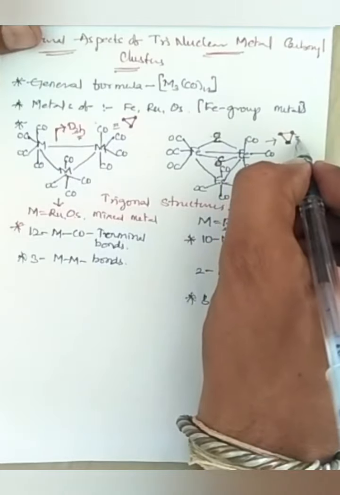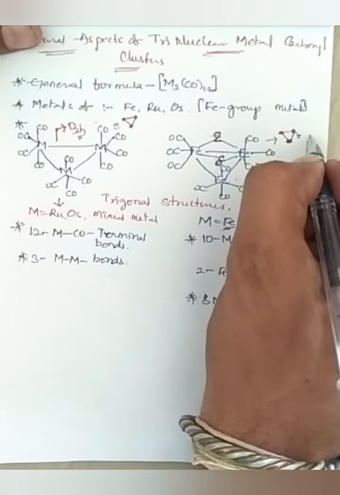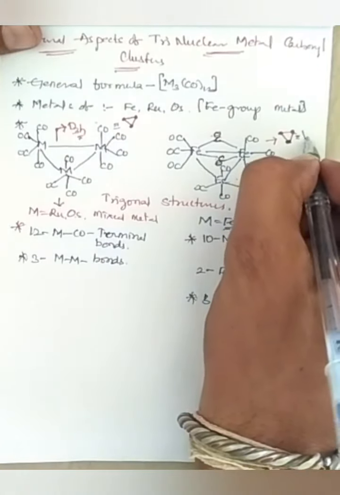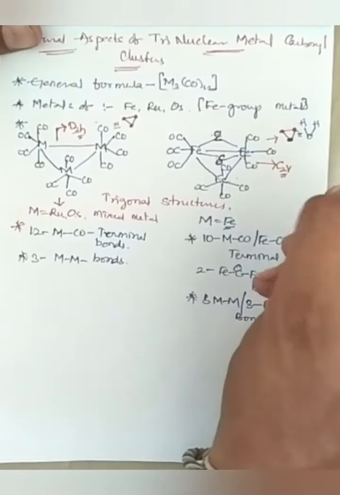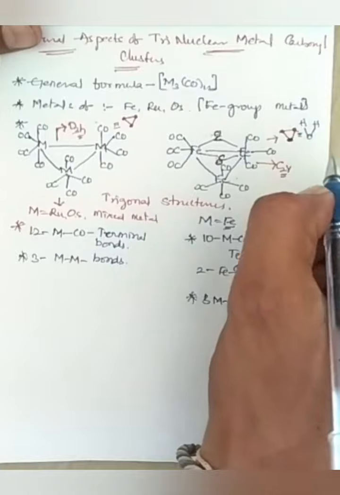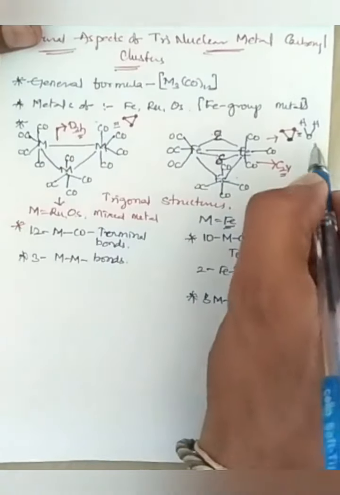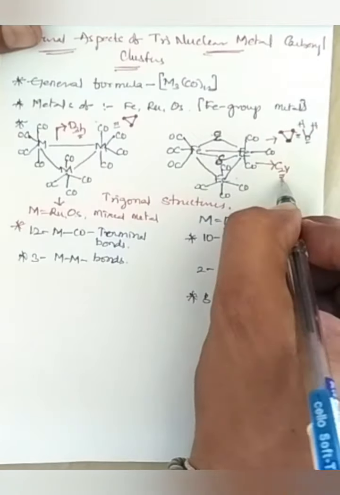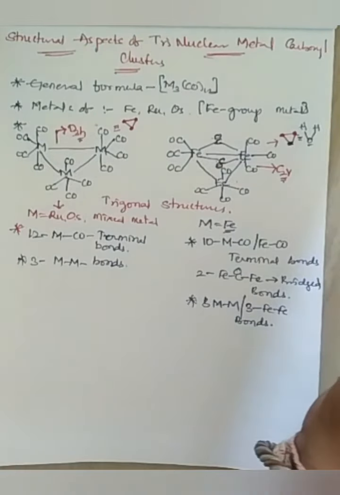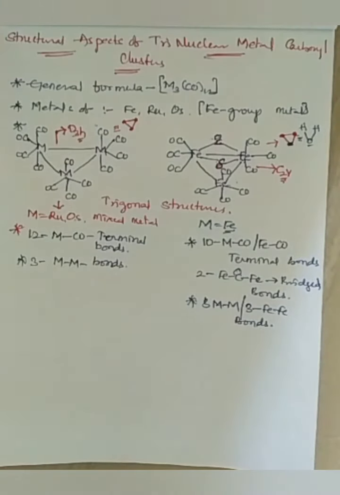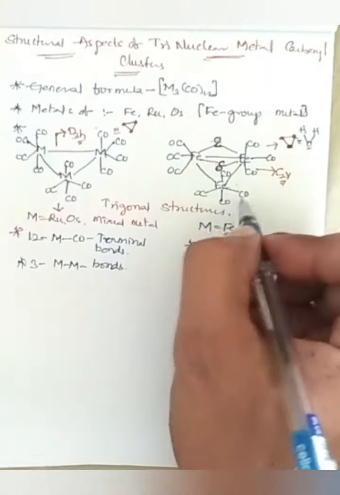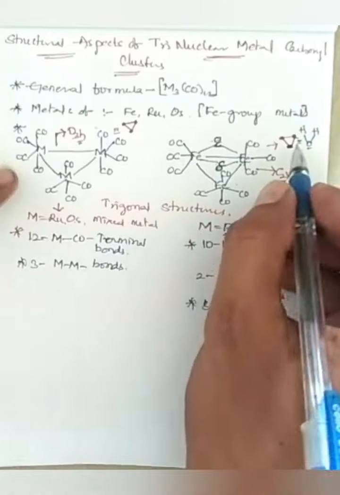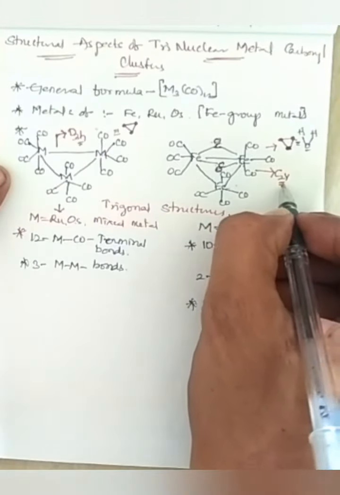This variation can be compared with the water structure, which is V shaped. We know that water has the point group C2v. That is how we have defined the trinuclear iron cluster structure as a C2v point group structure.